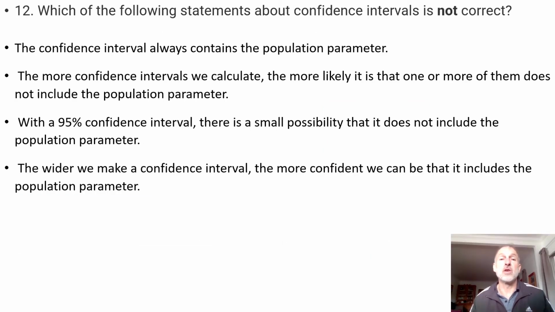Which of the following statements about confidence intervals is not correct? The confidence interval always contains the population parameter. The more confidence intervals we calculate, the more likely it is that one or more of them does not include the population parameter.